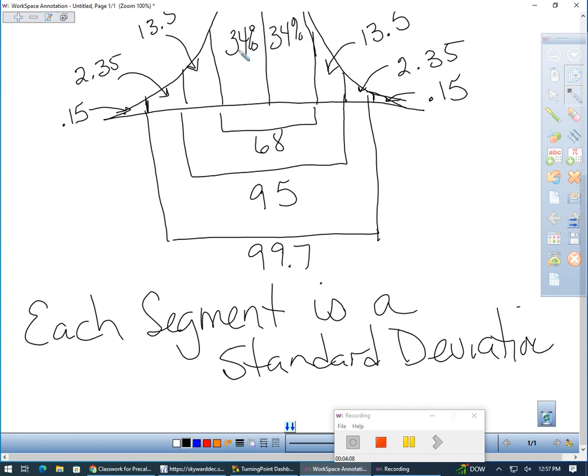So if you were to hear you are 2 standard deviations ahead of the mean, or above the mean, you would be in this part right here. If you were a standard deviation below the mean, you would be over here. Fits on that line. Okay?